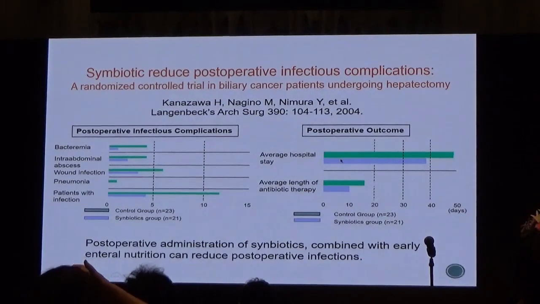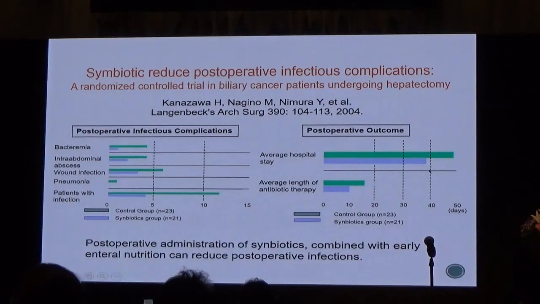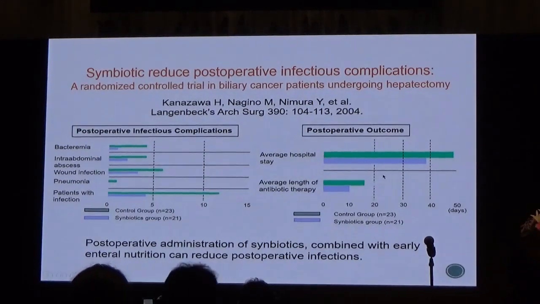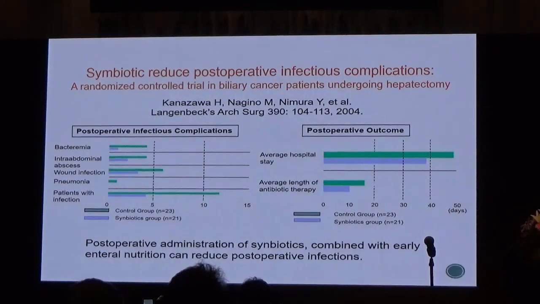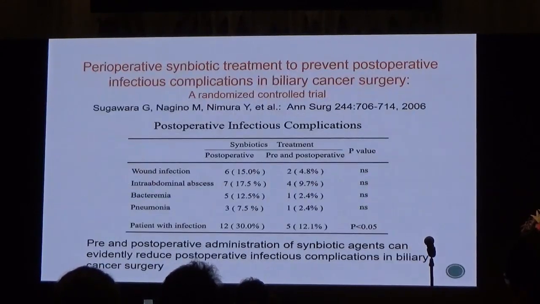And actually, postoperative hospital stay was reduced, and the average length of antibiotic treatment was reduced. Anyway, postoperative administration of synbiotics combined with early enteral nutrition can reduce postoperative infectious complications.